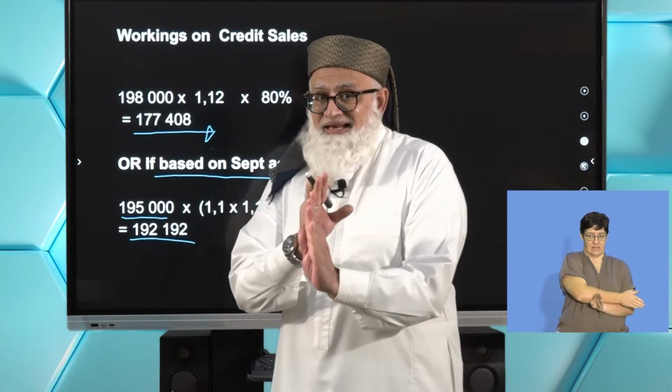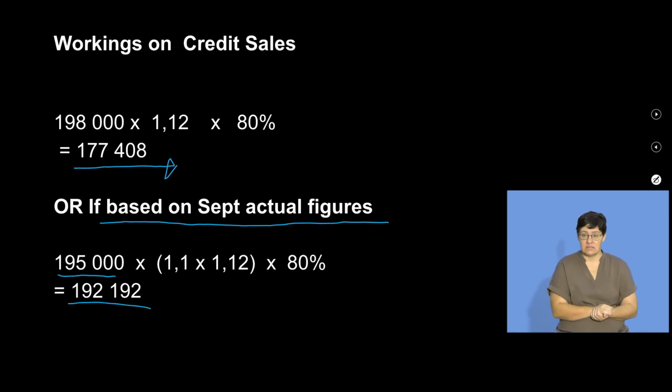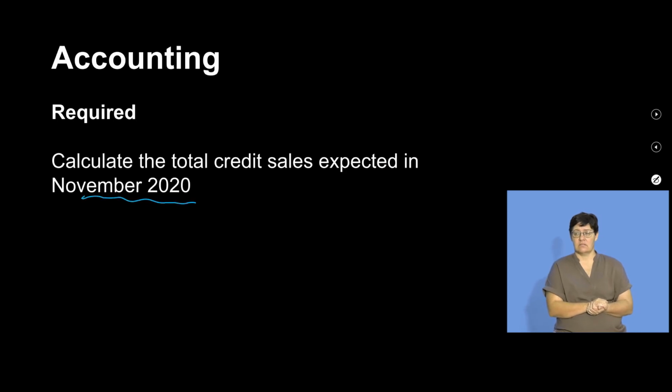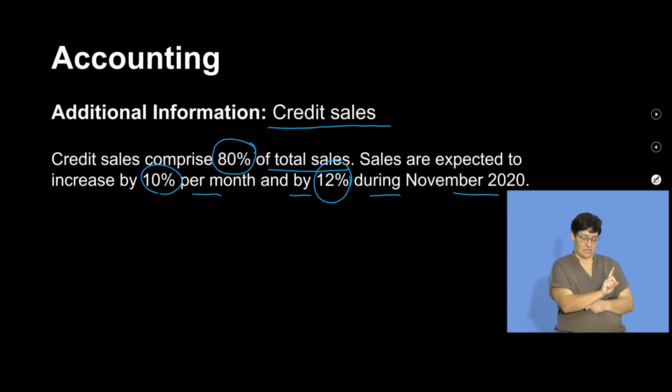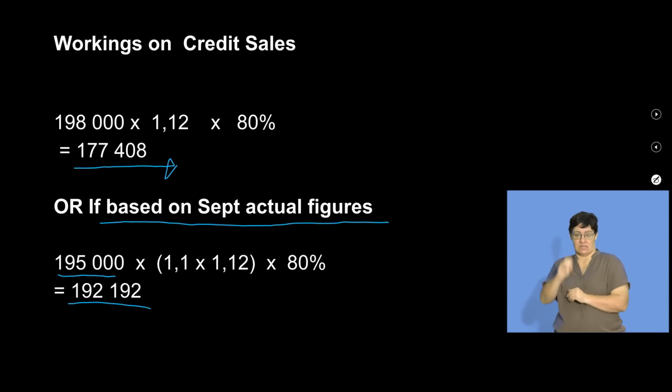Then, what was the proviso? Our proviso was, if we look at the proviso, they told us that sales was going to increase by 10% and then by 12%. So therefore, there's your 10% increase from September to October, and from October to November was a 12% increase.